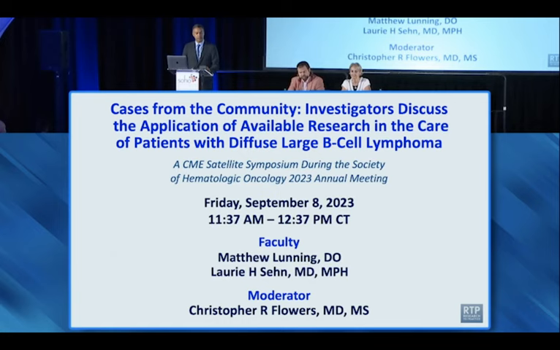The ones that have been developed, I think it's intriguing to see that there are definitely differences between the agents in terms of the constructs, but more importantly, there are also differences in the way they're being tested in clinical trials. Almost all of them are given initially with step-up dosing in cycle 1 to ameliorate the most common toxicity, which is cytokine release syndrome.